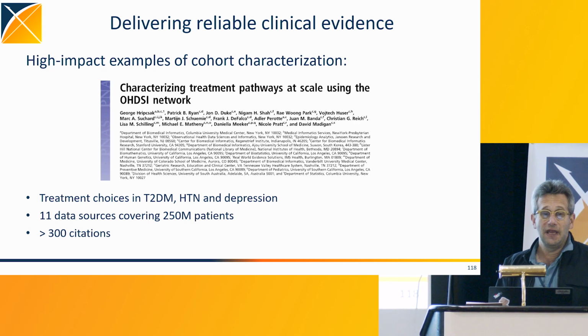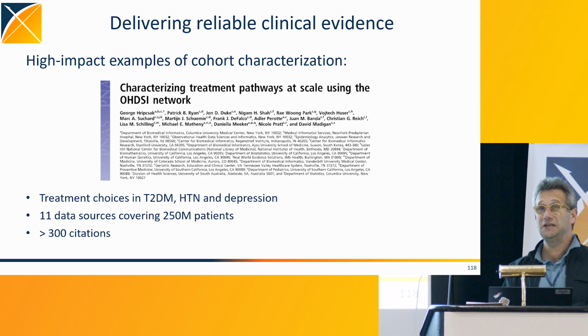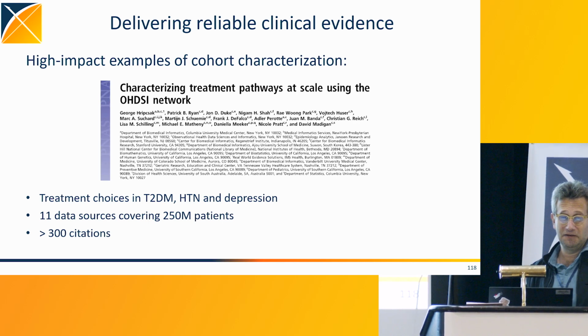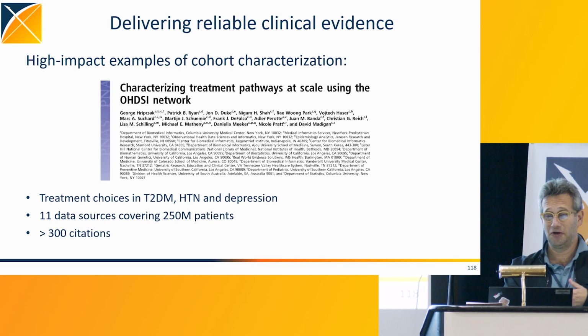And it was a large success of the community coming together to aggregate information from 11 different data sources, as Fan introduced earlier, covering 250 million patients. And as a success to George and the community, and as an academic, I'd say this is good. It's like 300 citations, and that's a good impactful point at the 10-year mark.